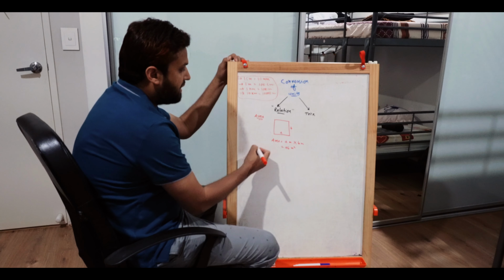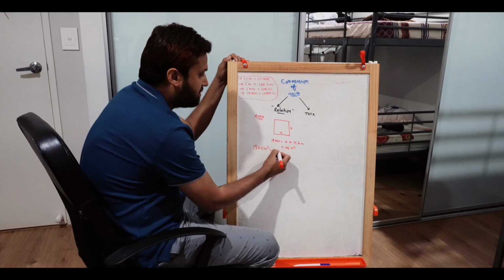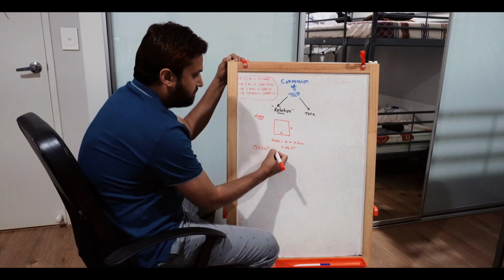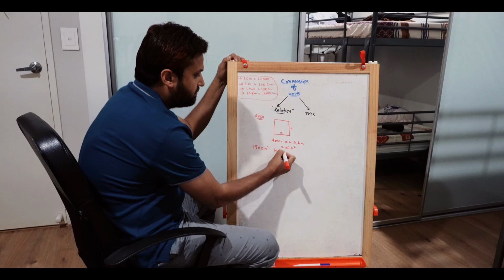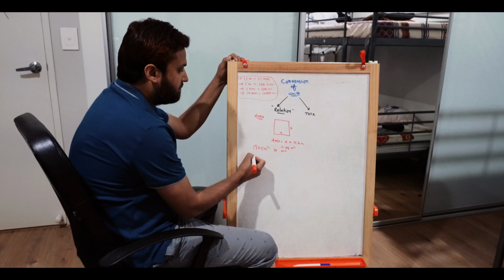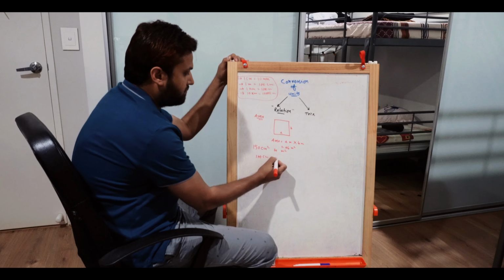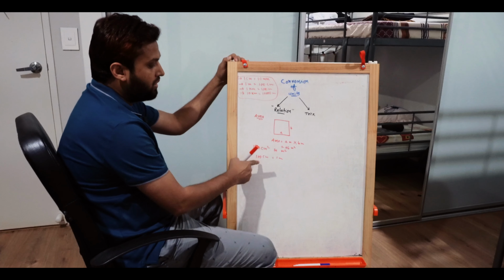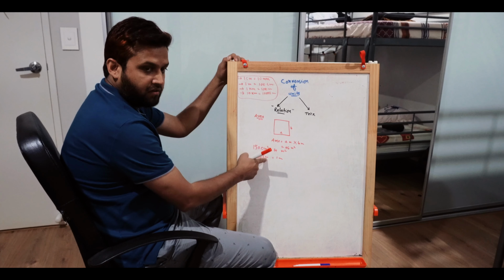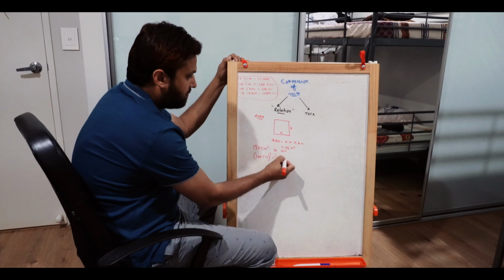Now, if I say 150 centimeter square, you have to convert this to meter square. First, what is the relation? 100 centimeter equals 1 meter. But you have to do a square, right? So you have to do times 2 for both.